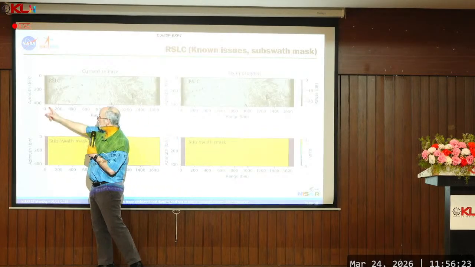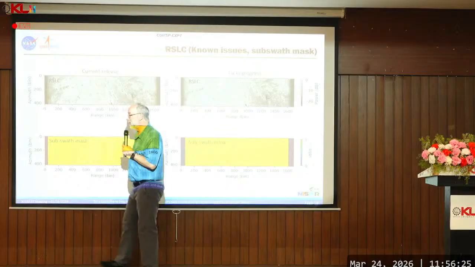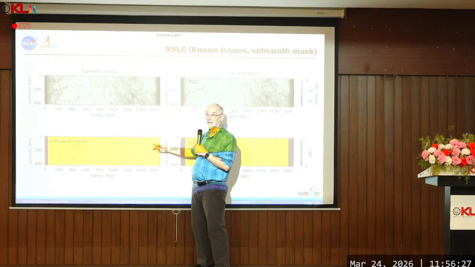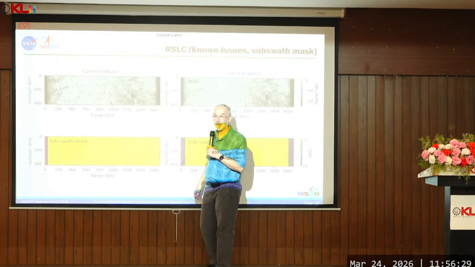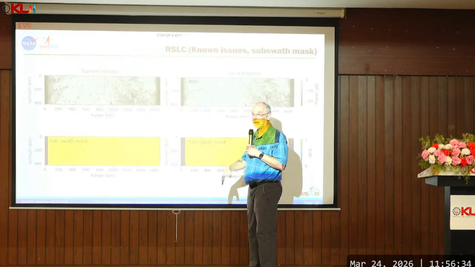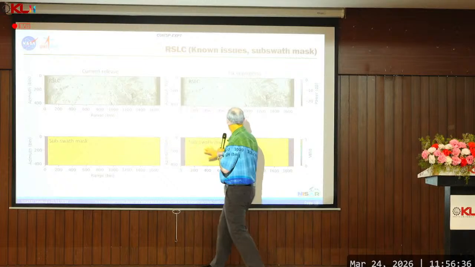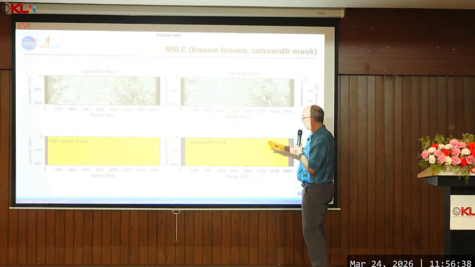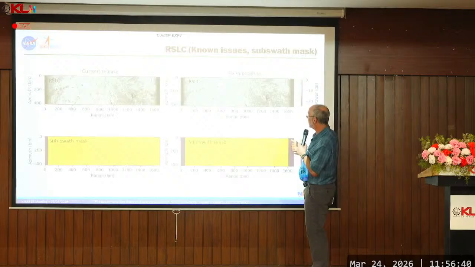It seems to be okay at near range, but we forgot to truncate it on the far range. There's a technical reason for that. This will be fixed so that the right swath will be indicated.